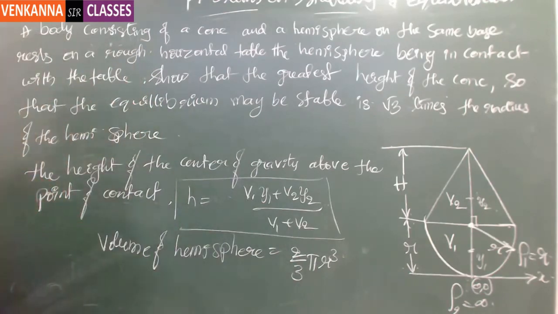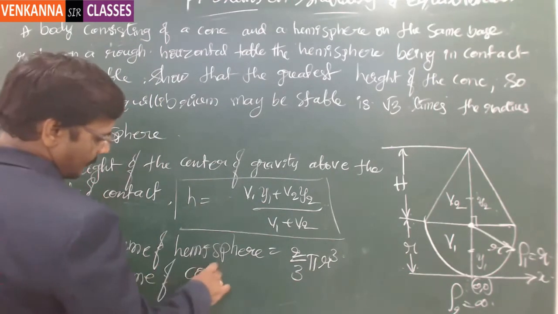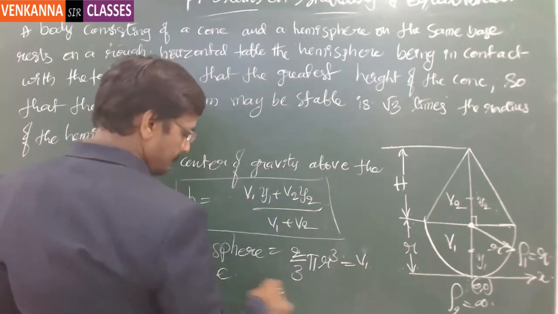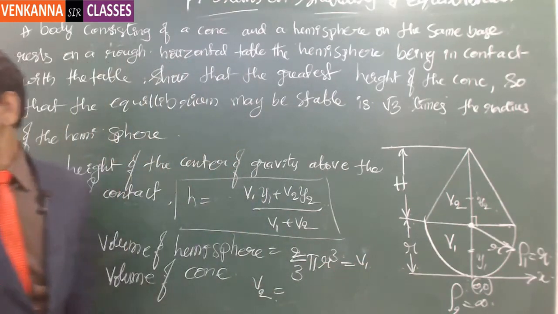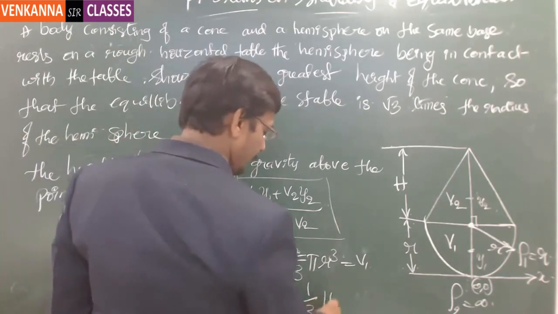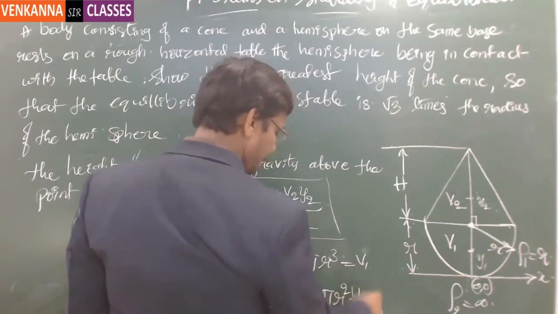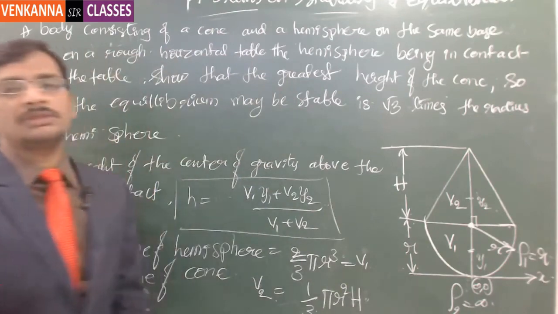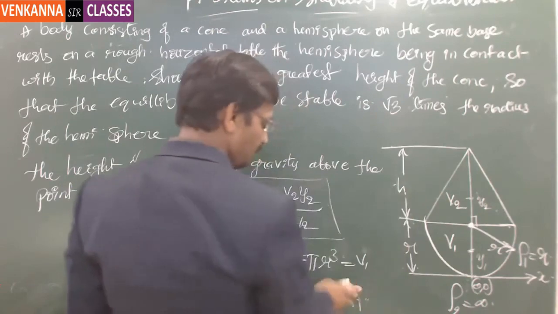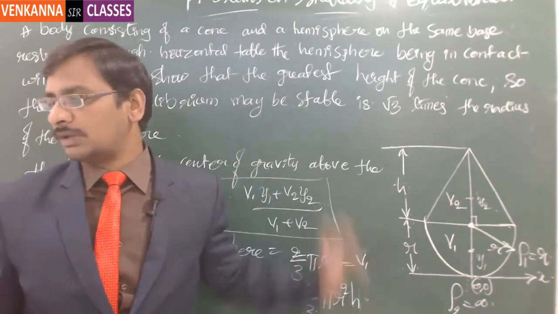And what is the volume of the cone? One-third pi r square h, exactly. 1/3 pi r square h. I call this small h, that is more convenient for me. So 1/3 pi r square h is the volume of the top part.